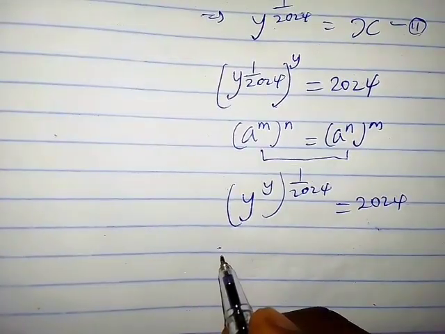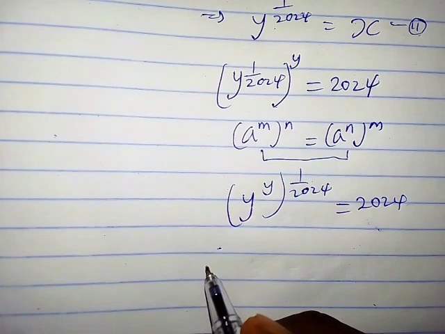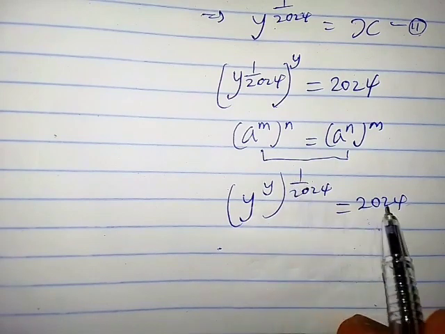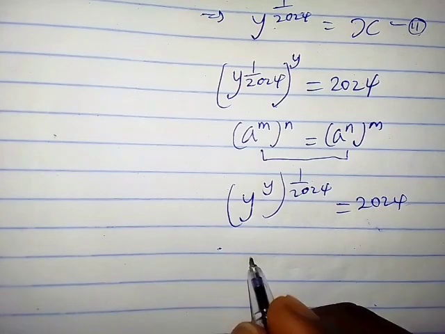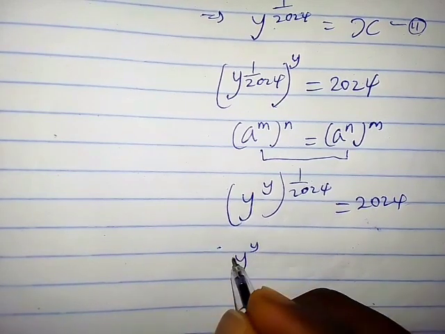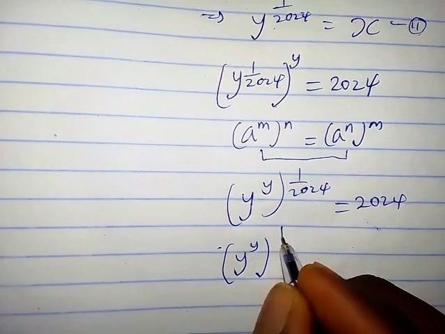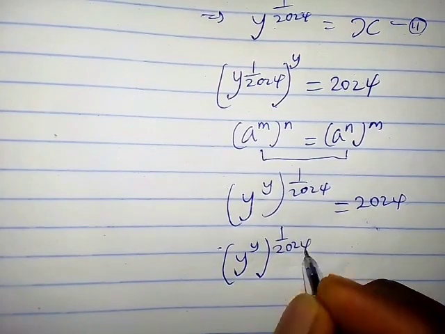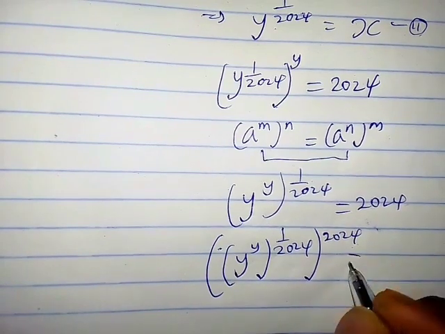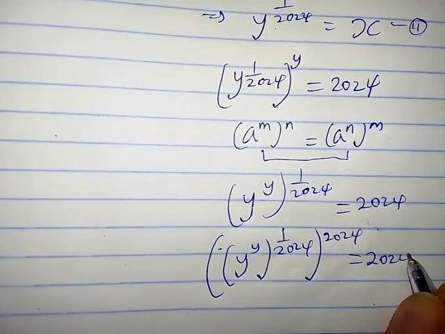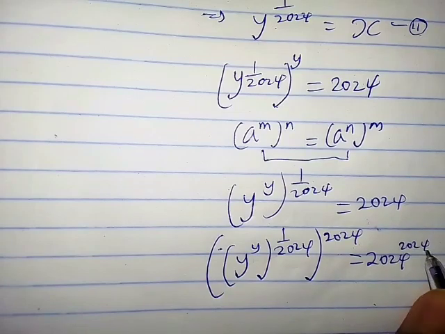The next step is that we are going to multiply both exponents of this equation by 2024. So we're going to have y raised to power y raised to power 1 over 2024, everything in brackets, times 2024, equals 2024 raised to power 2024.